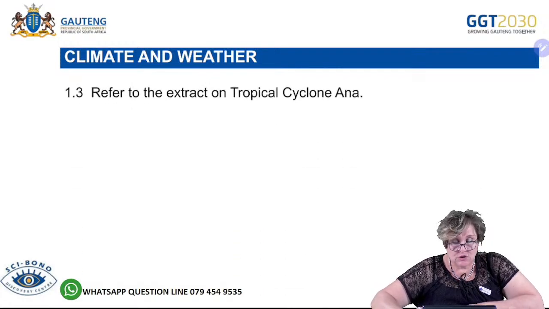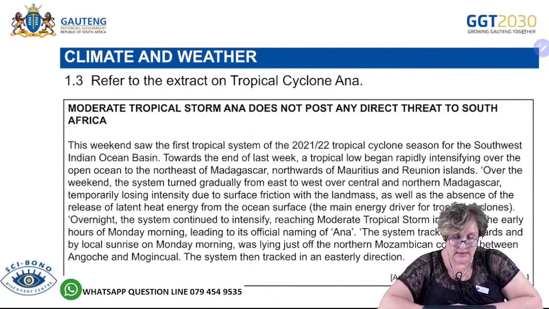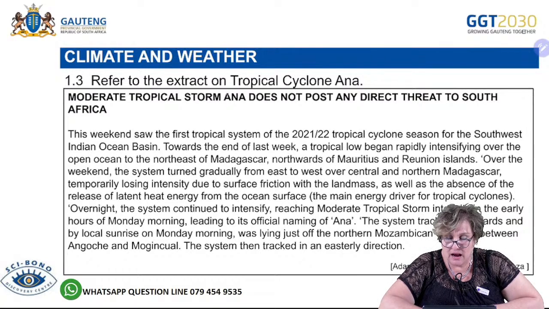Refer to the extract on tropical cyclone Anna. Here's the extract. A moderate tropical storm Anna does not pose any direct threat to South Africa. This weekend saw the first tropical cyclone of the 2021-2022 tropical cyclone season for the Southwest Indian Ocean basin.